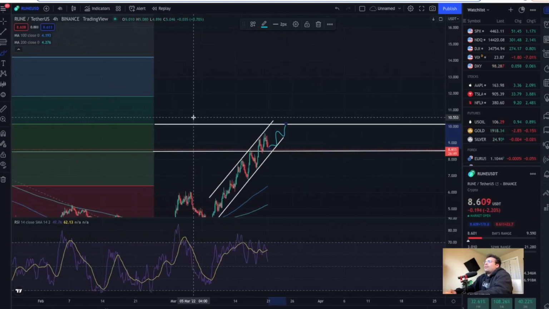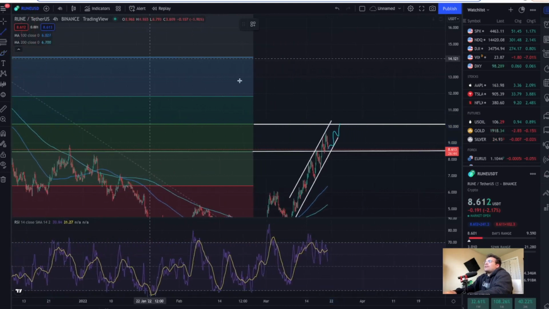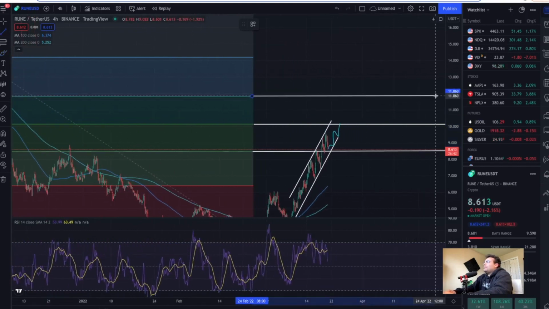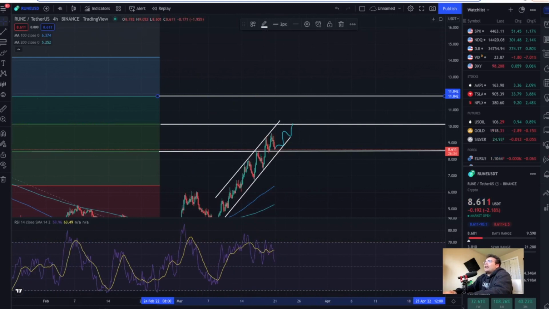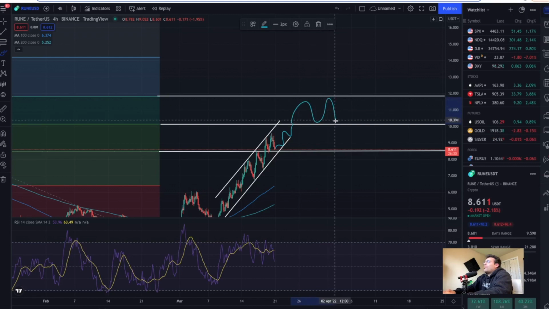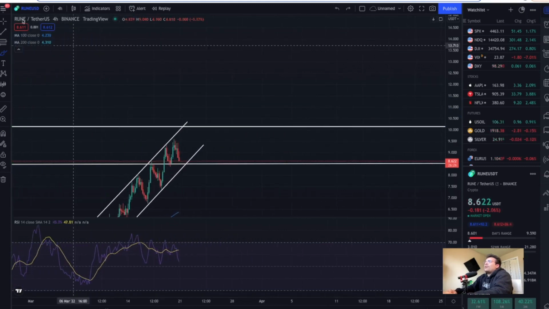So if we break above that, I think it's likely that we play in this higher channel here, between this 11.80 and 10.10, like we were talking about. If we end up getting above that, I could see us playing in this channel for a while. But really right now it's $10.10 to keep your eye out on.